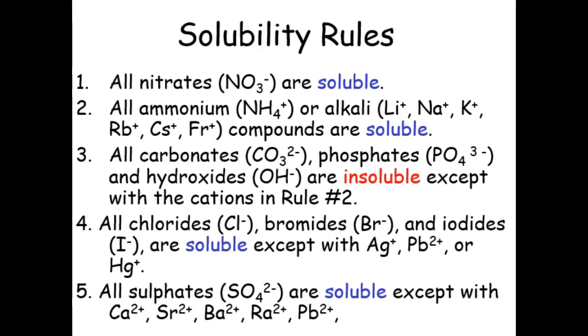All ammoniums are soluble. Carbonates, phosphates, and hydroxides are insoluble, except with certain cations, which are in rule number 2. All chlorides, bromides, and iodides are soluble except with certain elements. All sulfates are soluble except with other elements.